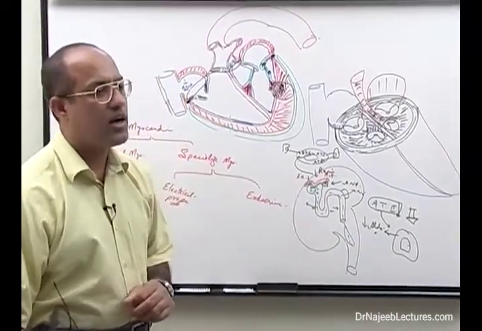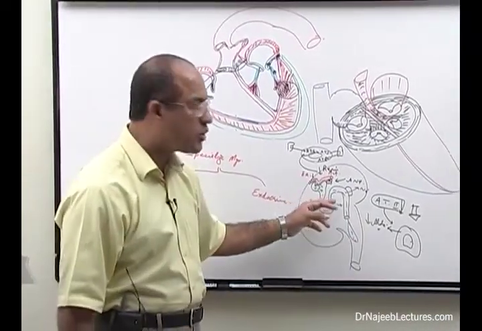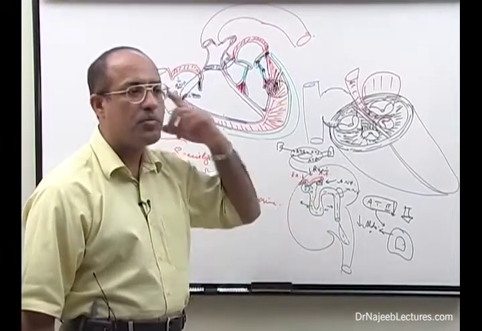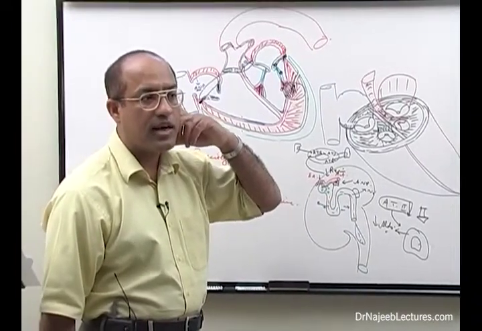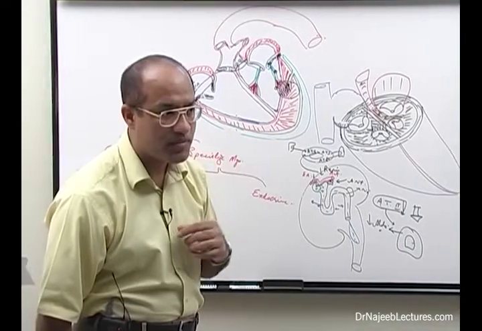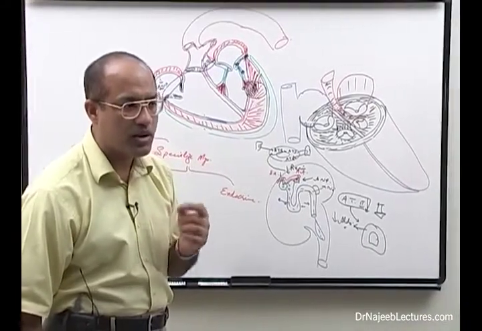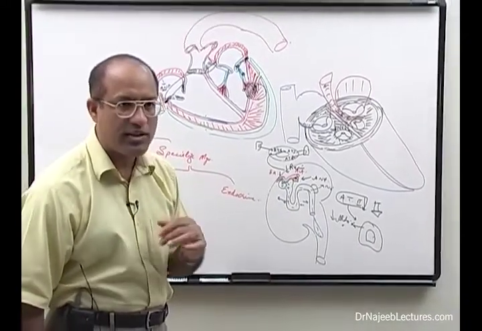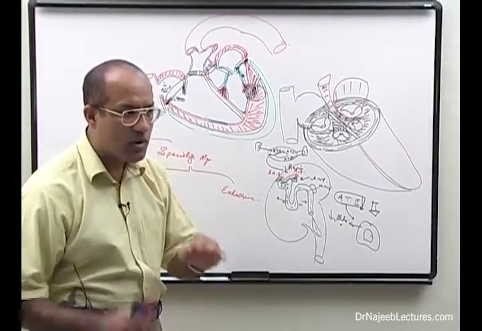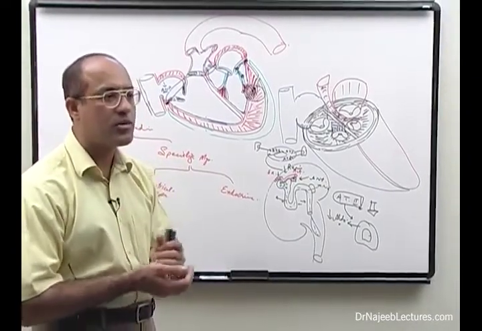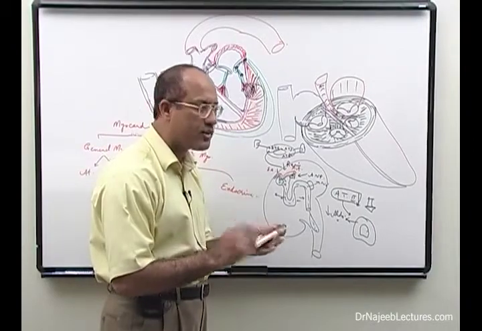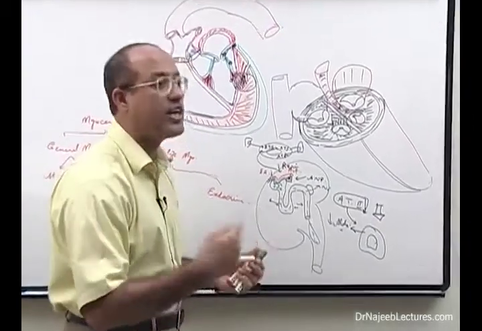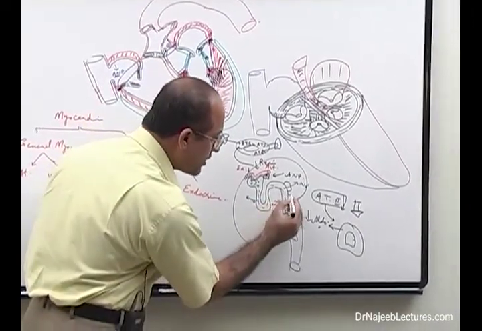Number three, atrial natriuretic peptide inhibits the release of antidiuretic hormone. Antidiuretic hormone is released by the posterior pituitary. So antidiuretic hormone becomes less. What is the normal function of antidiuretic hormone? Normal function of antidiuretic hormone is antidiuresis.